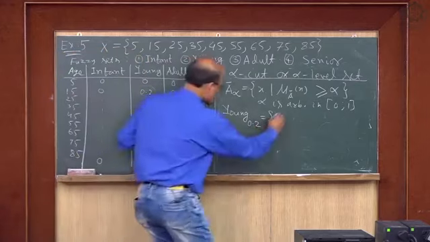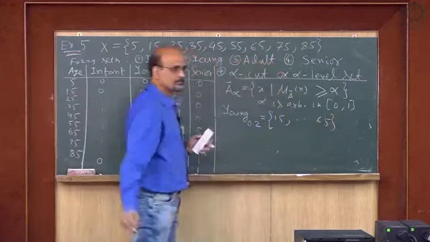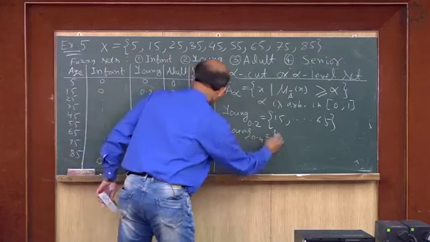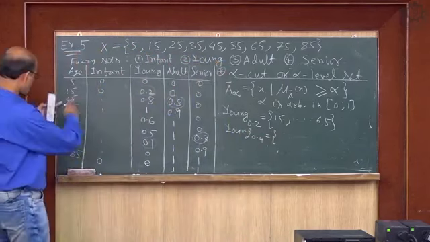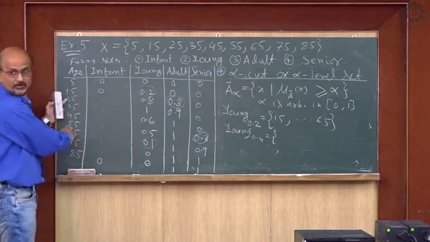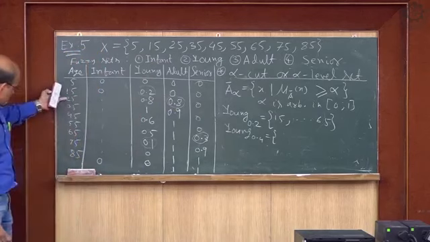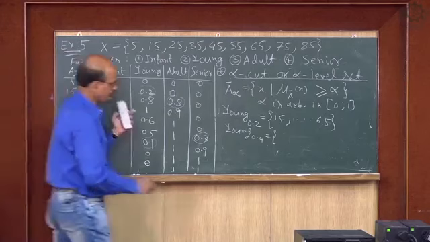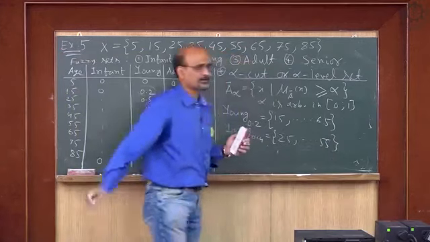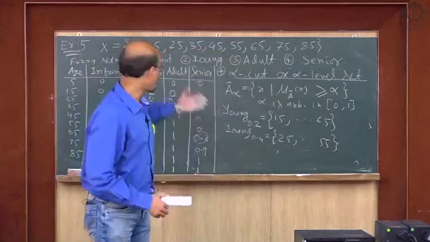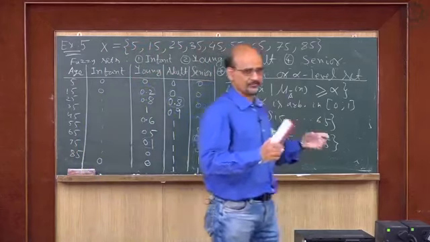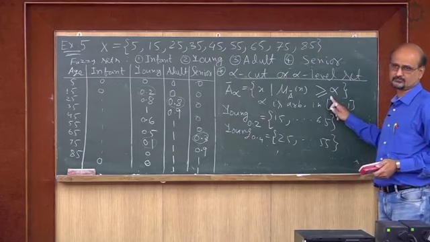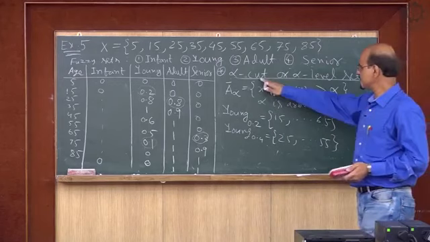So 15 to 65. If I use 0.4, it will be from 25 to 55. Is it okay? So similarly, we can define for other fuzzy sets with other alpha values. The only thing you have to check is greater than or equal to alpha. So this is your alpha cut.